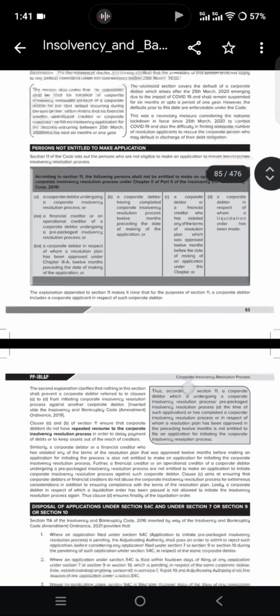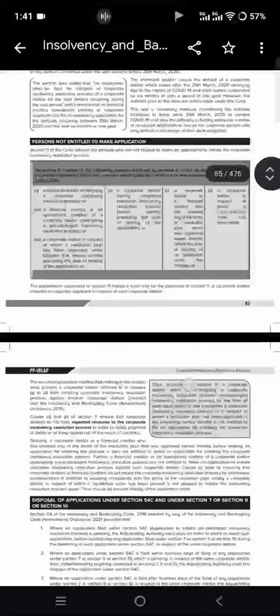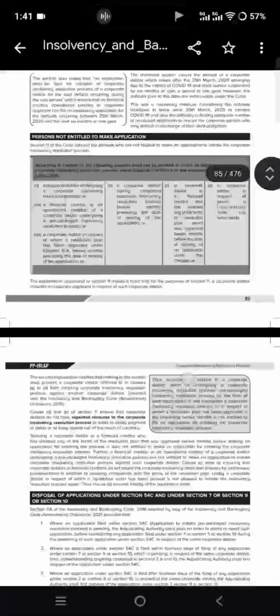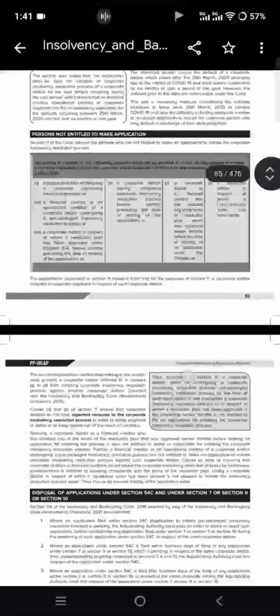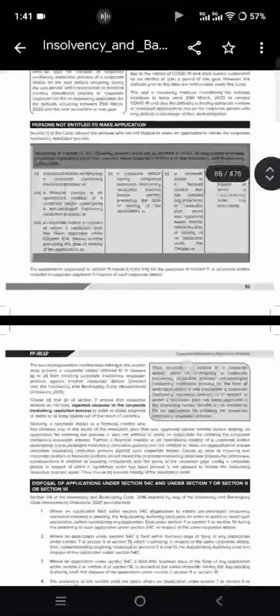The section also states that no application shall be filed for initiation of CIRP of a corporate debtor for the said default occurring during the said period, which means that no FC, OC or CA can file an insolvency application for default occurring after 25 March 2020 and the next 6 months or 1 year.